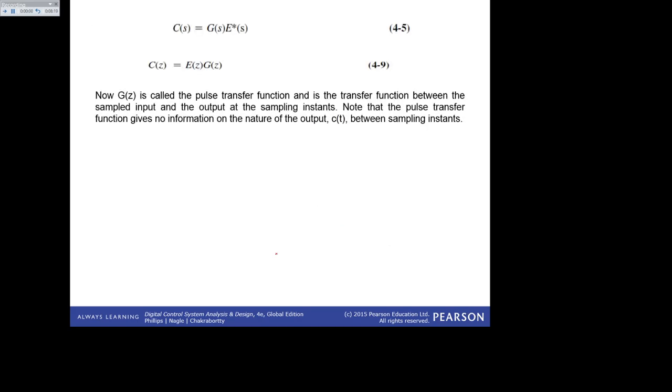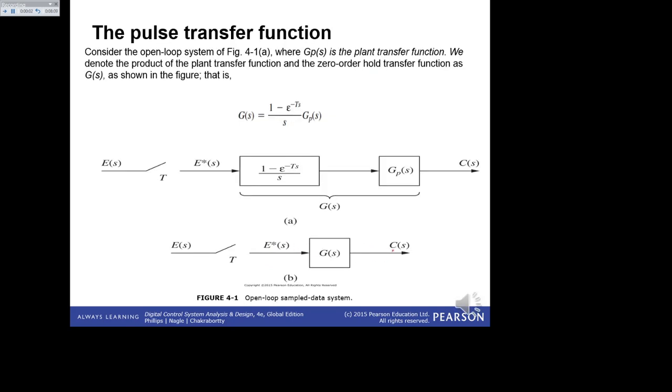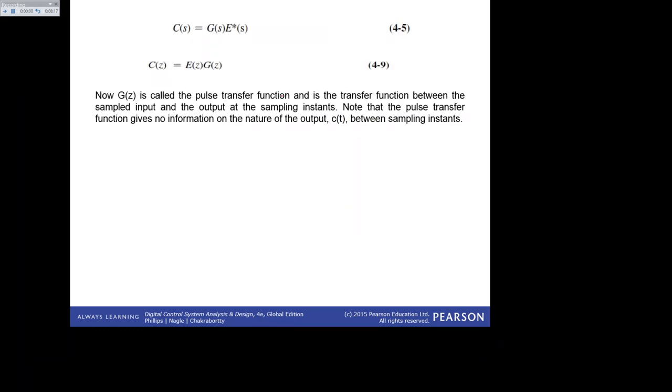Now, if you apply the Z transform on both sides of this equation, CS will be equal to CZ, and GS, the product of the transfer function of the zero order hold and the transfer function of the plant, becomes its Z transform. E asterisk S, the Z transform will be EZ, and CS will be CZ.